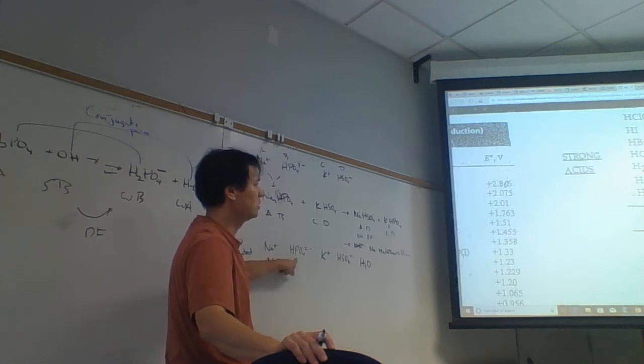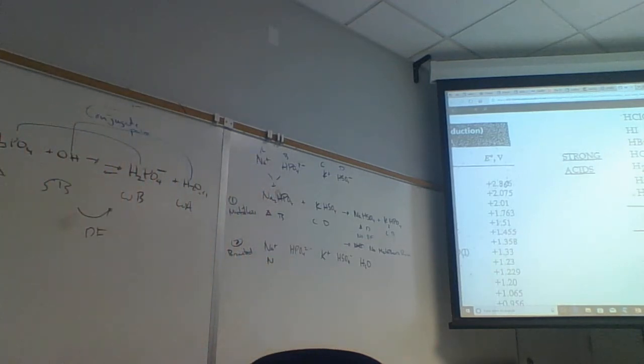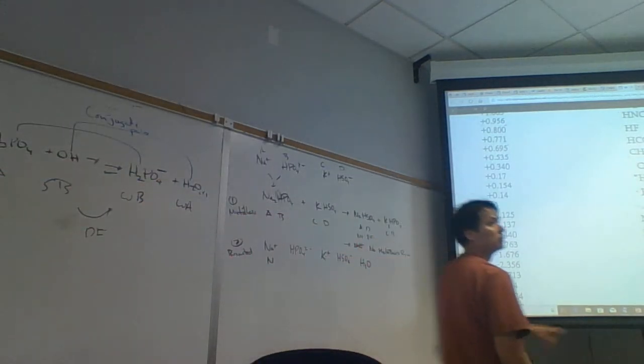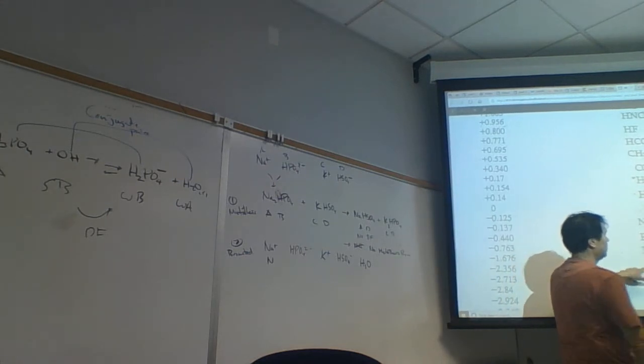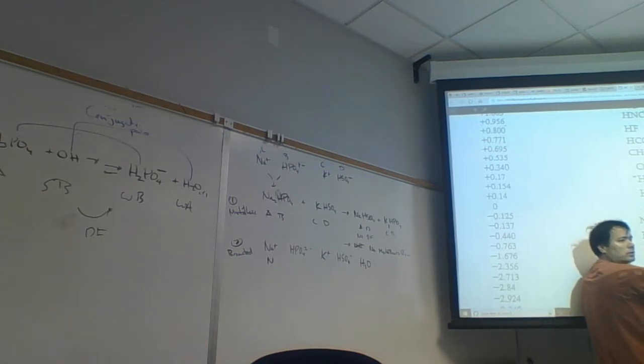HPO4 2 minus, does that occur on the chart? Let's take a look. Here it is. Do you see it? Actually, it occurs here, right? And it occurs here. And so what do we call it when it's on both sides of the chart?